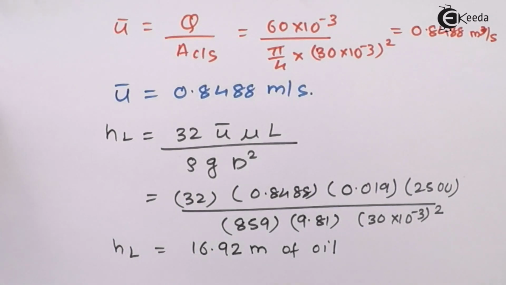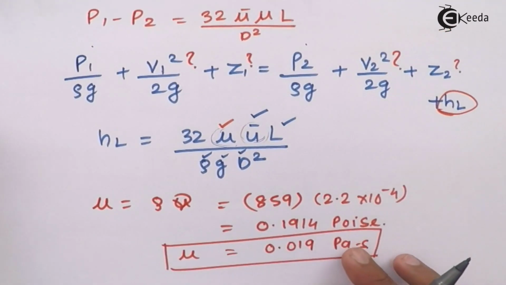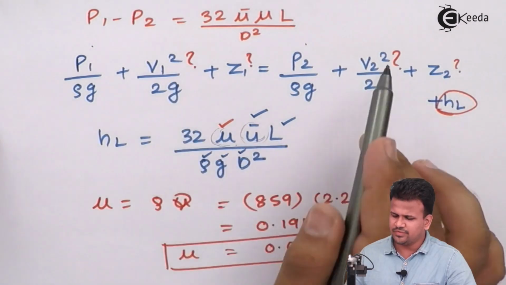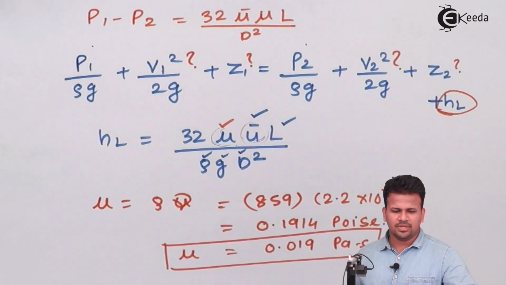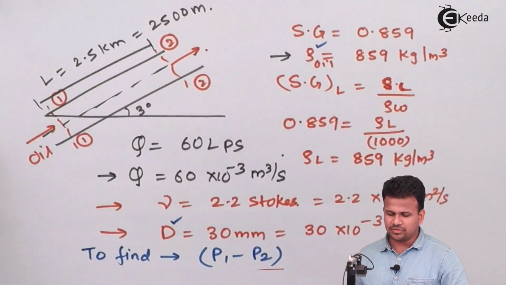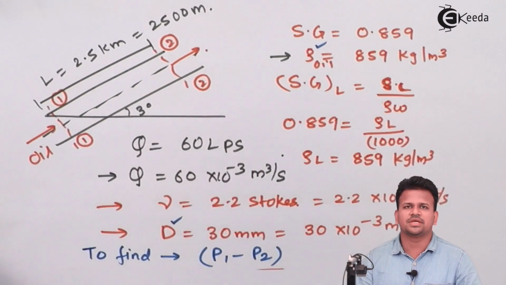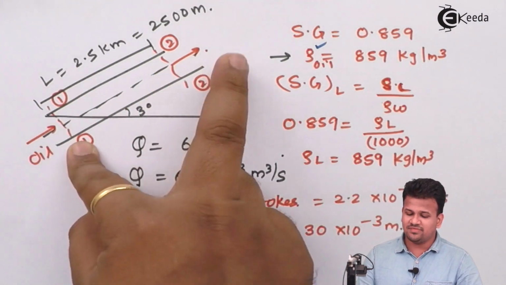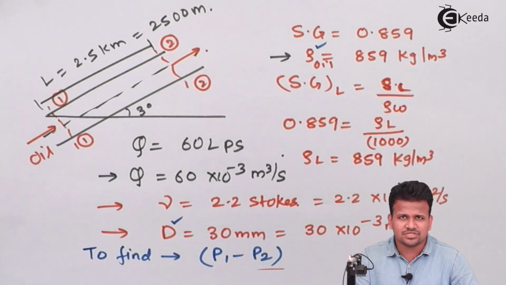Now we have calculated what is the value of HL. Next we'll calculate what is the value of V1 and V2. Now, technically speaking, if you see this entire diagram, the diameter is going to remain constant. If the diameter is constant and the flow rate is 60 liters per second, across both sections, both velocities V1 and V2 will be the same, because the diameter at section 1 is equal to diameter at section 2.